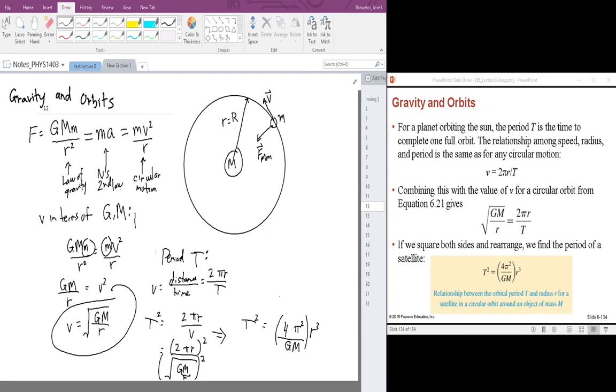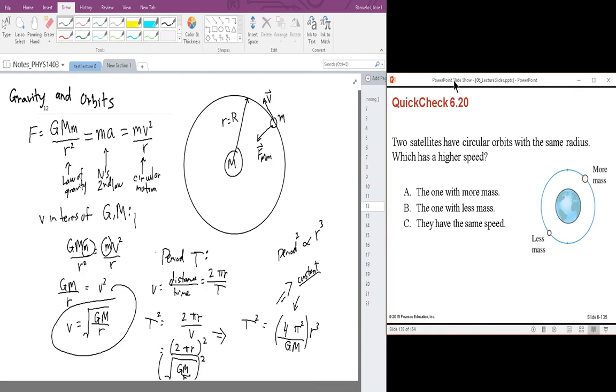The nice thing about this expression is that it tells you that the period squared is proportional to the radius cubed, because this part in the middle is just a constant. That's a cool relationship to have that can help you solve some problems.